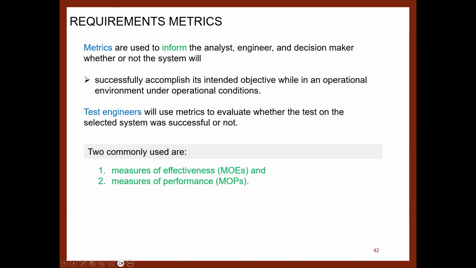And 2 commonly used measurements, which are listed here, are measures of effectiveness, or MOEs, and measures of performance, MOPs. And those are terms that are commonly used in industry.